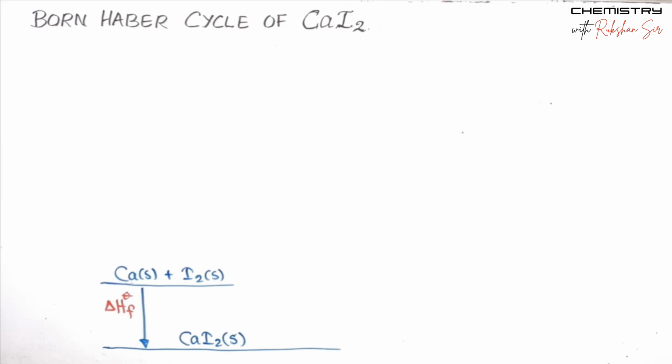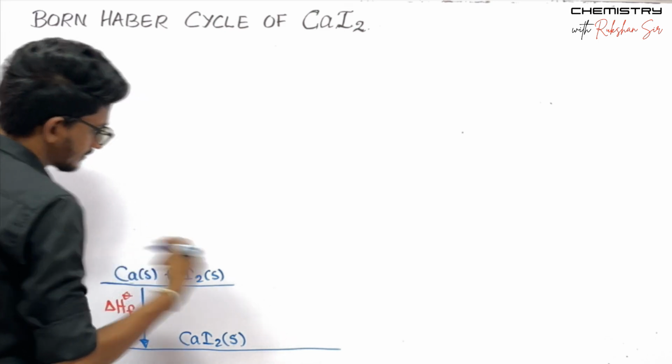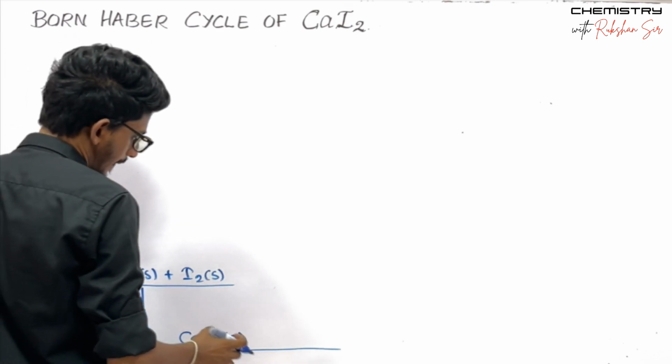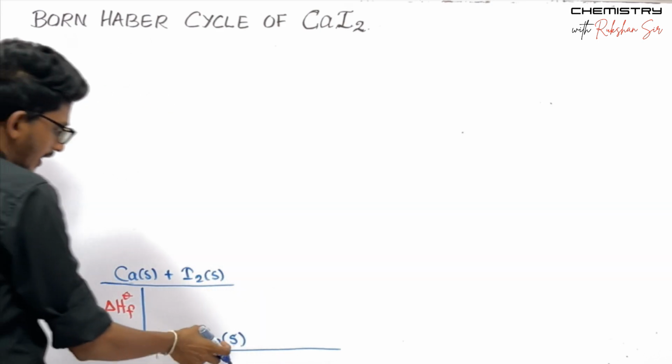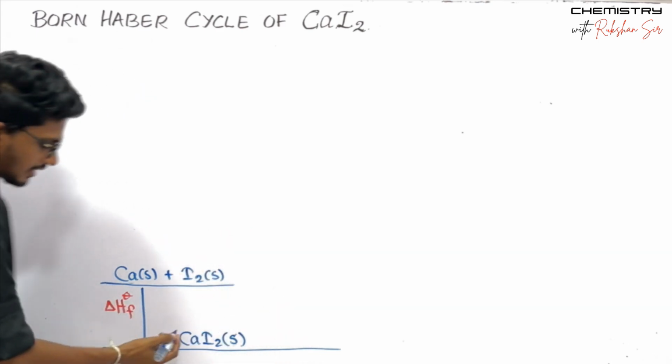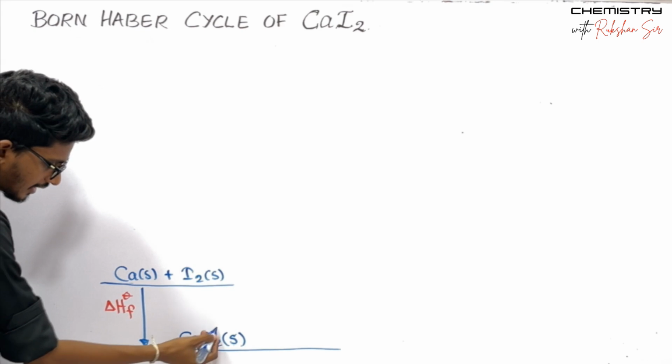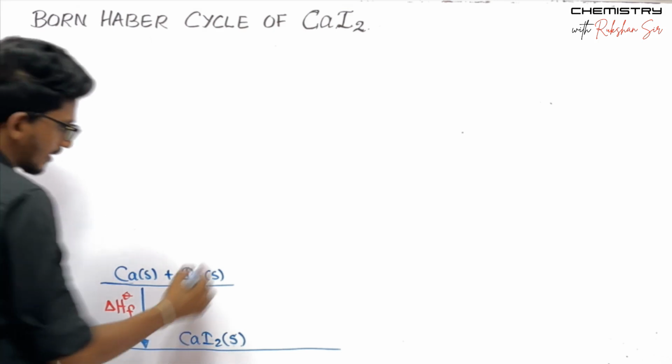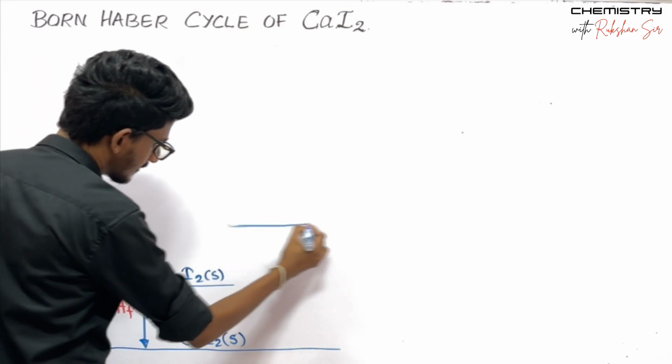Okay. Next thing to do is draw in the constituent ions of this solid ionic lattice, but in the gaseous state, right? So the constituent ions are calcium 2 plus and I minus. Those should be in the gaseous state.